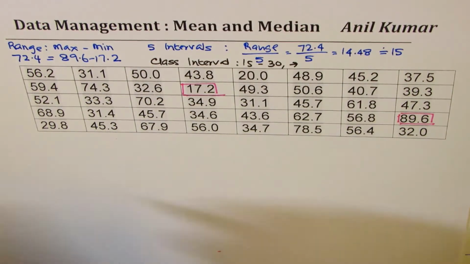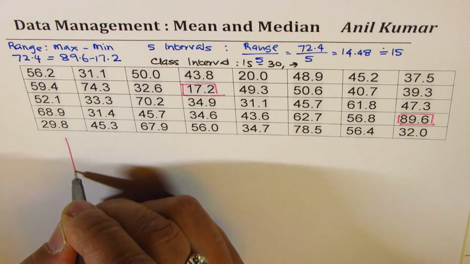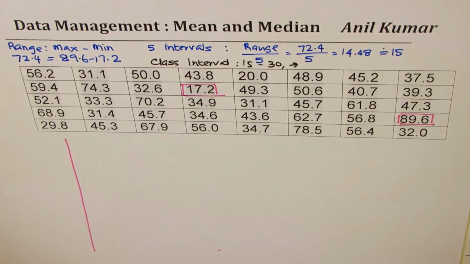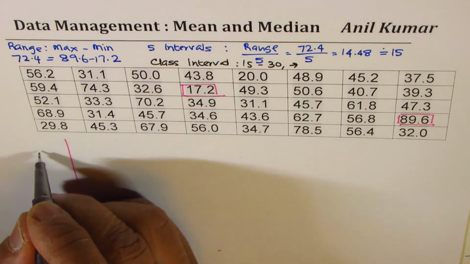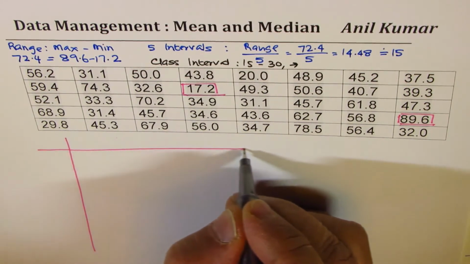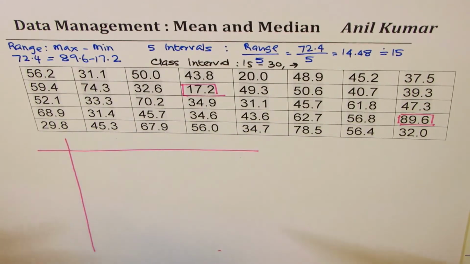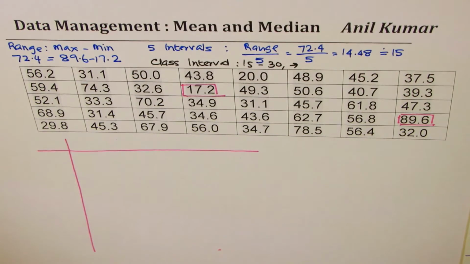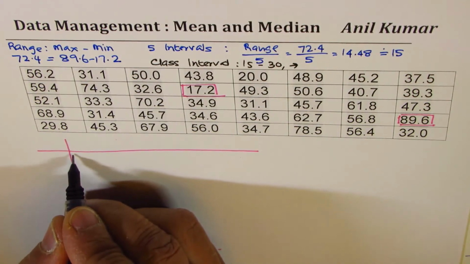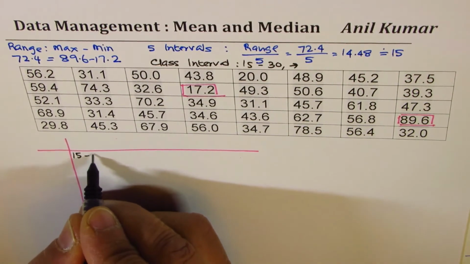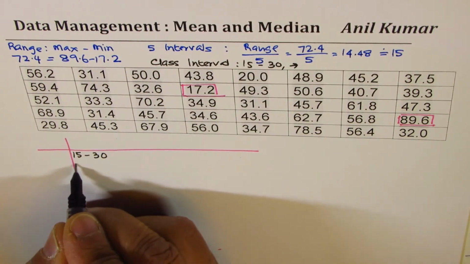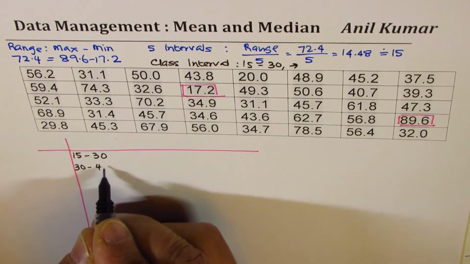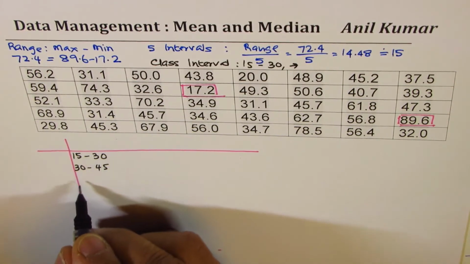So let's make a table here now. Okay. Now in this table, we will put the class interval starting from 15 to 30, and then next will be 30 to 45. So interval is of 15, right?